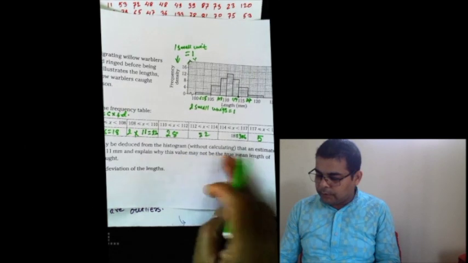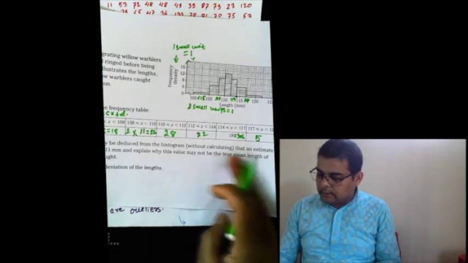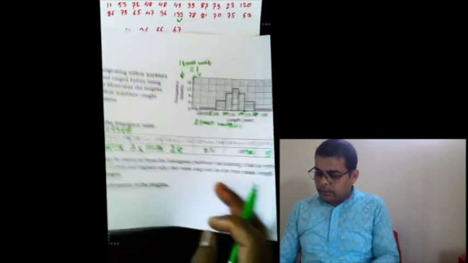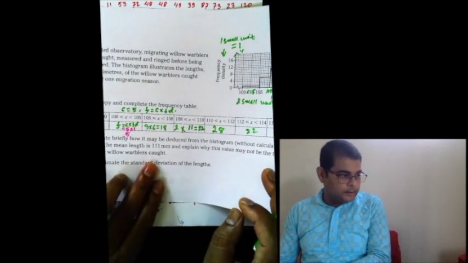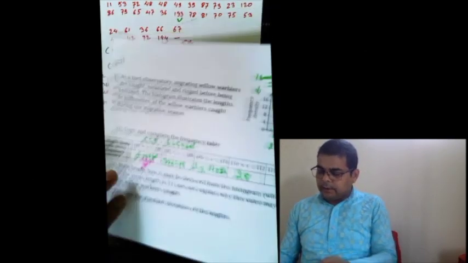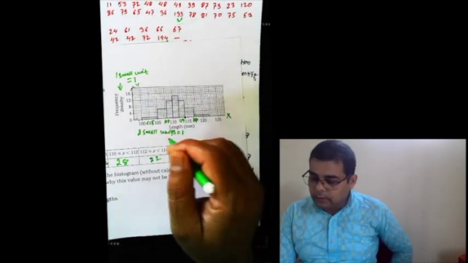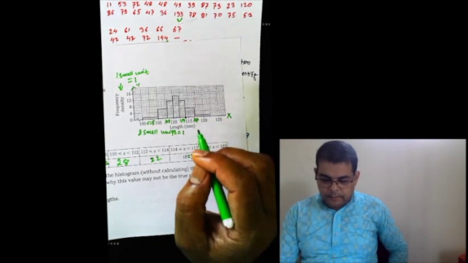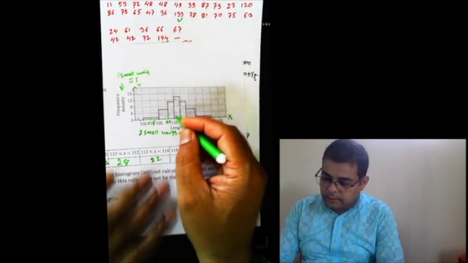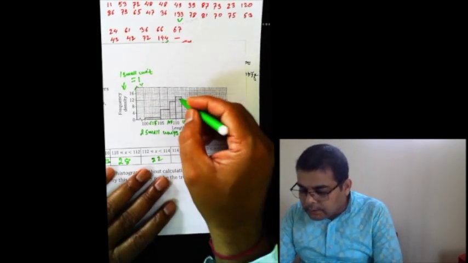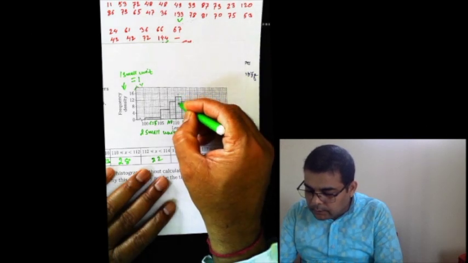State briefly how it may be deduced from the histogram, without using a calculator, that an estimate of the mean length is 111, and explain why this value may not be the true mean length of the Willow Warbler's chord. First of all, this question is asking you to estimate the mean length. If you think on this histogram, you can draw a line of symmetry.